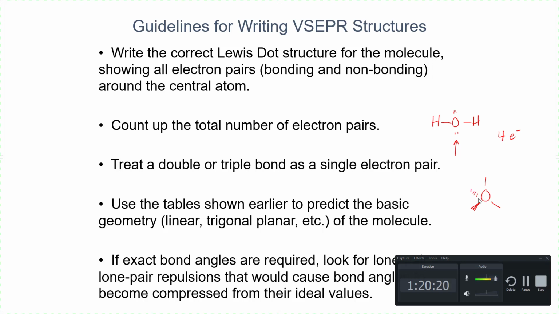Now, what am I doing with these bold and dashed thingies? Well, those are called wedges. So the way we represent a tetrahedron, a 3-dimensional structure in a 2-dimensional space, is all bonds that are normal are in the plane of the paper or the screen.